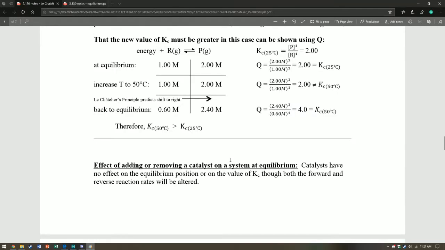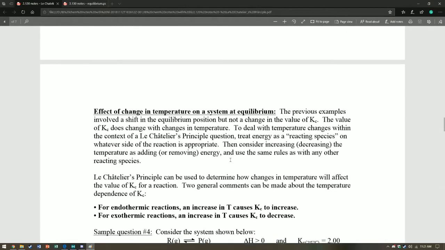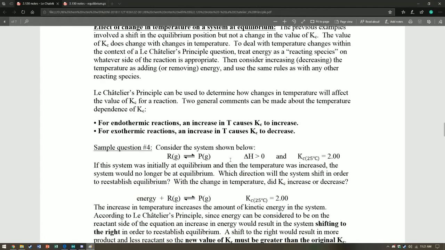Lastly, for exothermic and endothermic reactions, the idea here is that if you increase the temperature, K does change, and you can actually predict the change here. For an endothermic system, an increase in T will cause K to increase, and for exothermic ones, K will decrease.